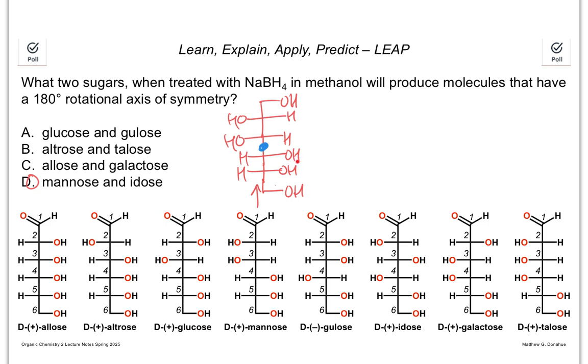These alcohols that are on the right become these alcohols on the left, and these ones on the left become those. So these last three questions about the meso, the same thing, and then the rotational axis deal with symmetry, so symmetry elements.